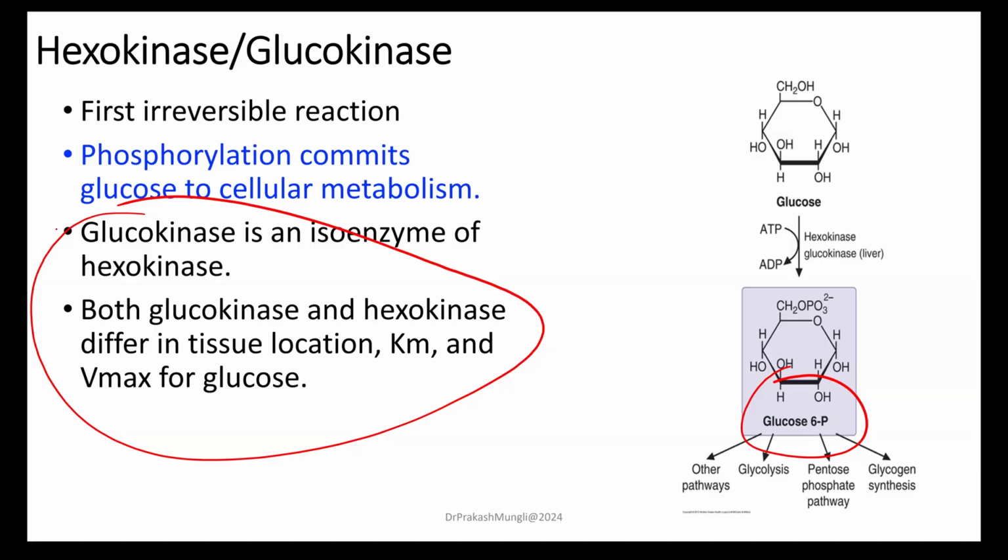Second thing, what information does Vmax give? Vmax is the capacity, right? If the enzyme has higher Vmax, it is able to take as much substrate as possible because it has high Vmax capacity. Low Vmax means it will saturate early, right? It's like someone eating this much food and feeling full, someone eating this much food, still not feeling full.